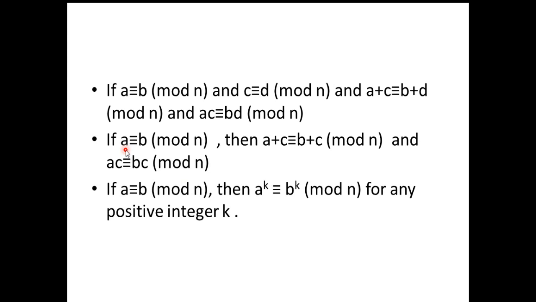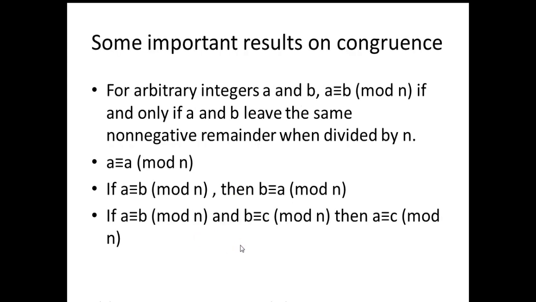The next result says that if a is congruent to b modulo n, then a plus c is congruent to b plus c modulo n, and ac is congruent to bc modulo n. Next, if a is congruent to b modulo n, then a to the power k is congruent to b to the power k modulo n for any positive integer k. All these results are important in congruence.